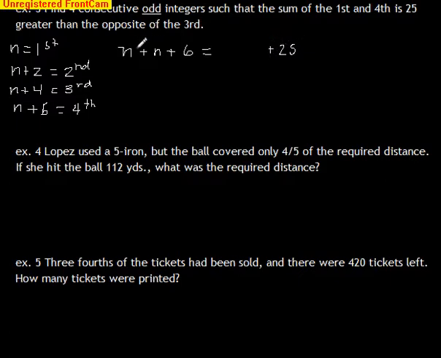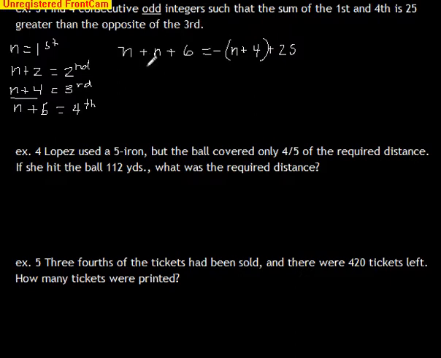Then the opposite of the third. Well, here's the third. The opposite of the third would be the opposite of n plus 4. The tricky part of this is you need parentheses. It's saying the opposite of both of these. If you don't have parentheses, the temptation is just to make the n negative, when really it's the opposite of both of these.